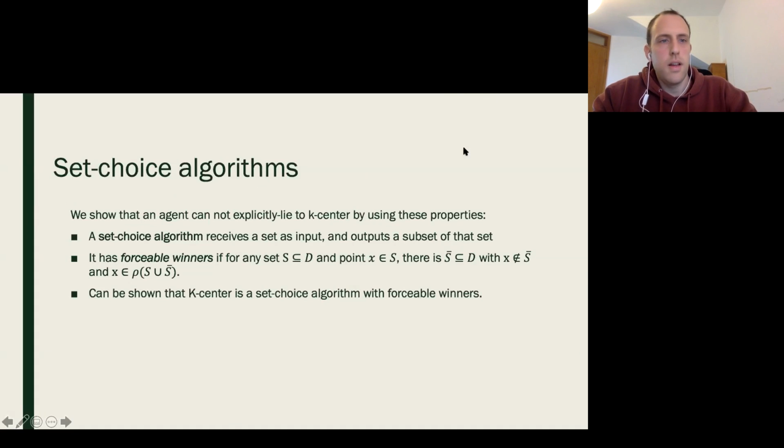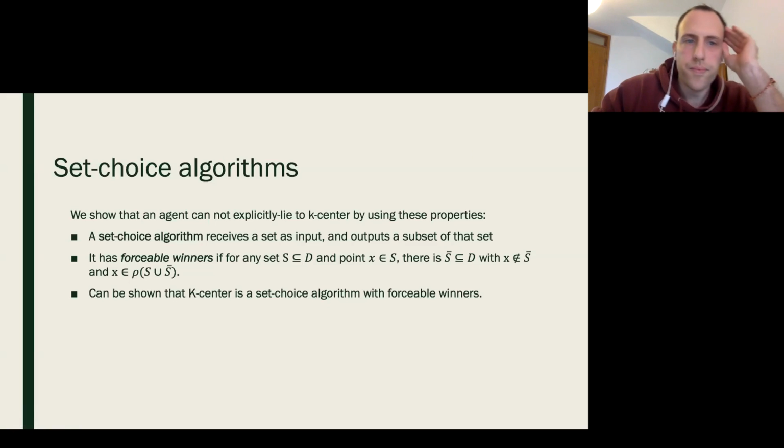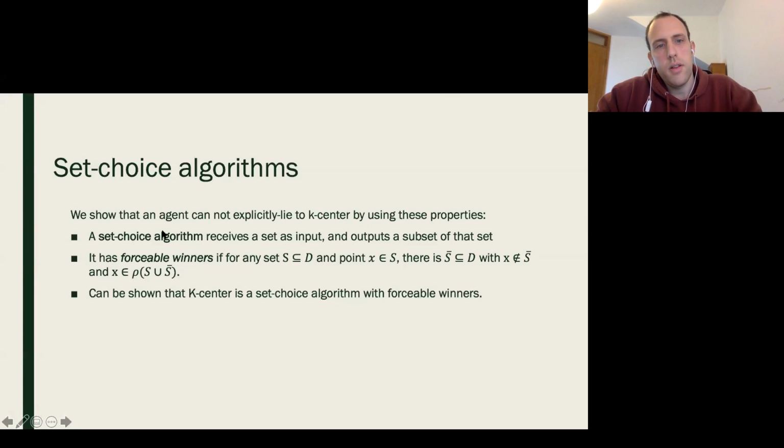Okay, so vulnerable star requires this, and now we're going to show that in the case of K-center, explicit lies are going to contradict condition 2. So we show it for a larger class than K-center. First of all, notice that K-center is something we call a set choice algorithm, so it returns as output some subset of its input.